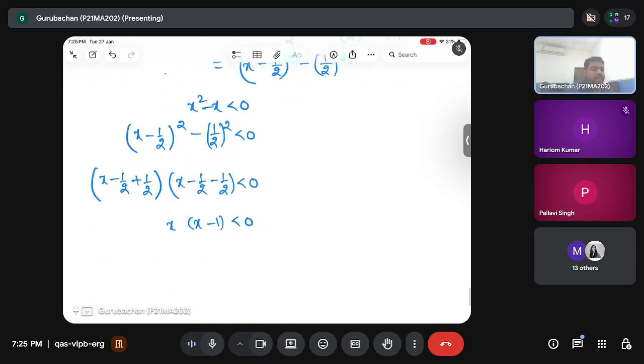So in this case, tell me where your x can fall. You have two critical points. Critical points means where the sign is going to change: 0 and 1. So what if your x is greater than 1, suppose 2? If you put 2 in this expression, will the LHS be positive or negative?